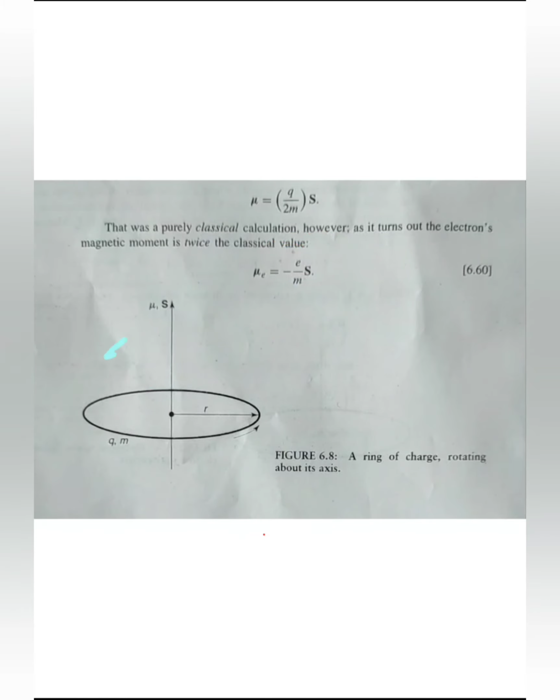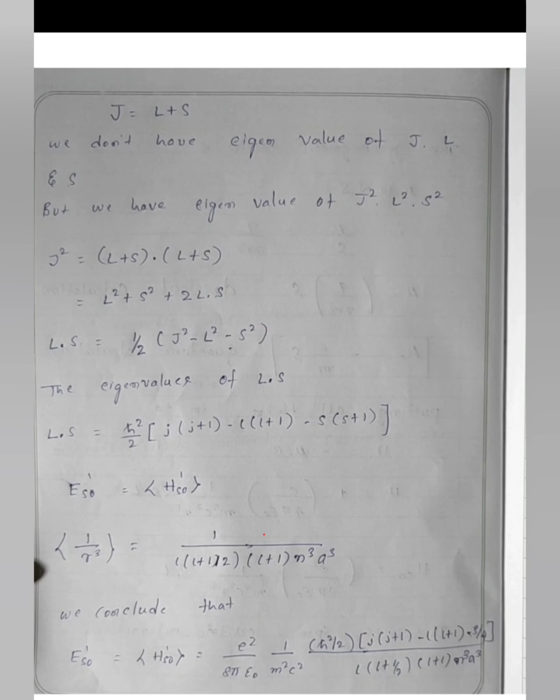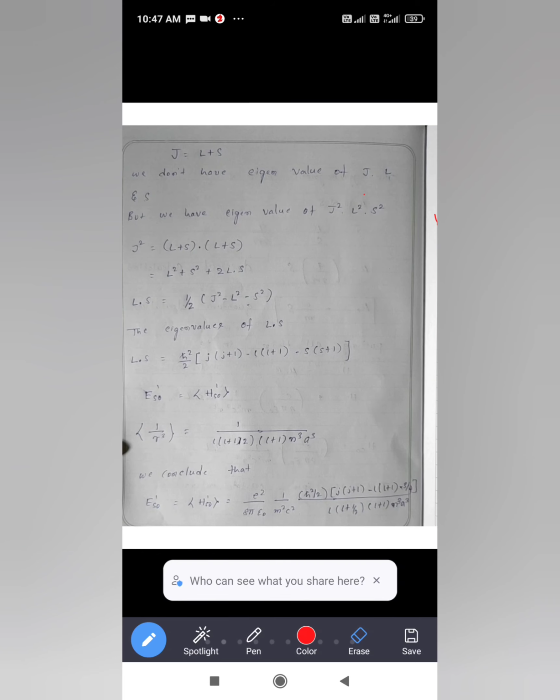Okay, we already calculated the H dash SO. Here you already know J is equal to L plus S. J is the total angular momentum, S is the spin angular momentum, L is the orbital angular momentum.